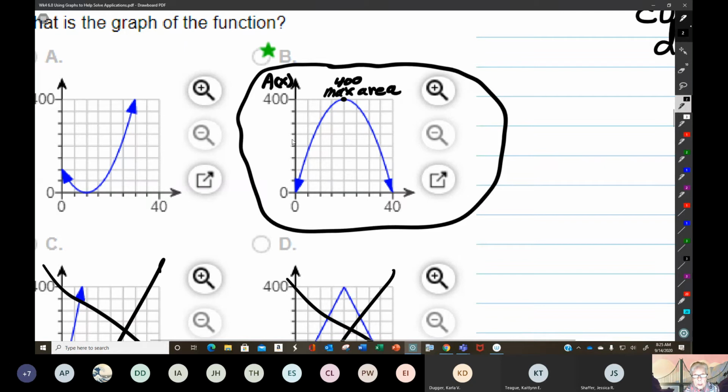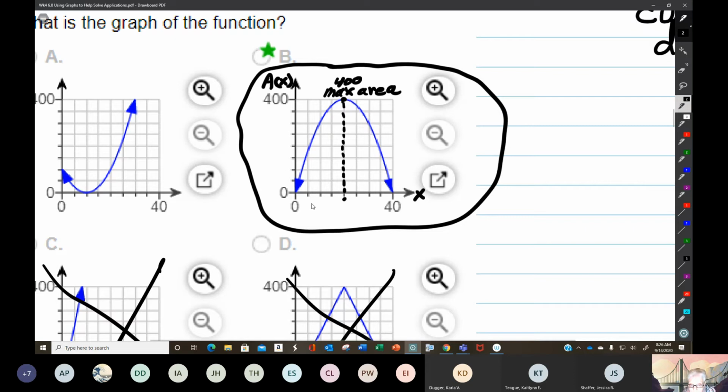Now, how do we find the dimensions that will give us a maximum area of 400? Well, there's no way to find W straight out, but there is a way to find X. This is the X-axis, and X is the length. Remember, they told us that. So all I have to do is go to the maximum area and then come down to the X-axis, to here.